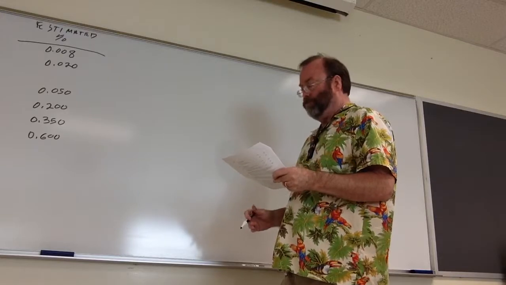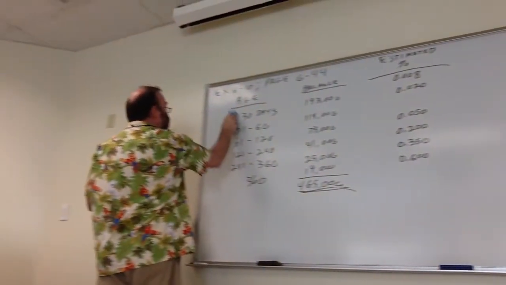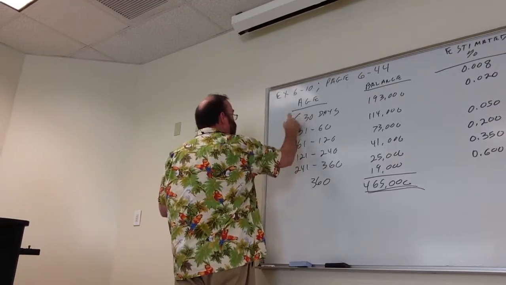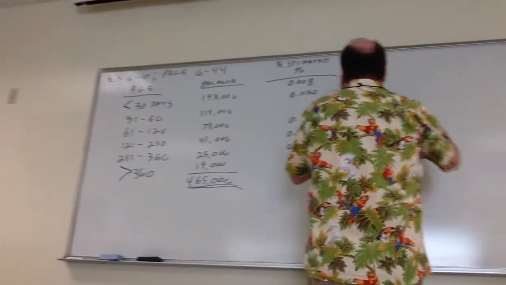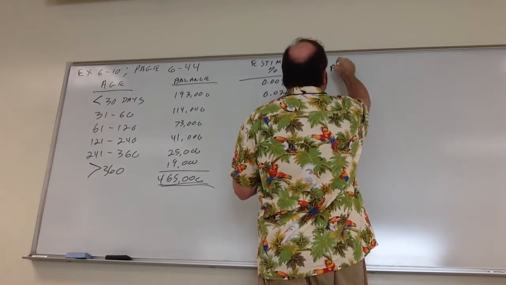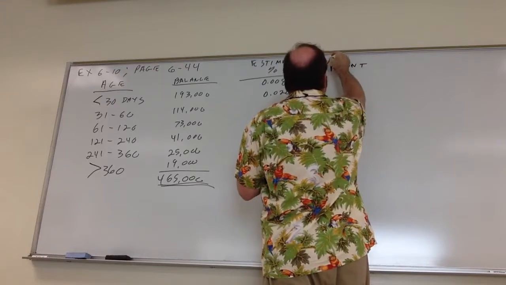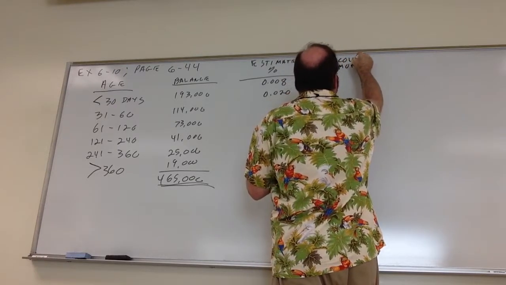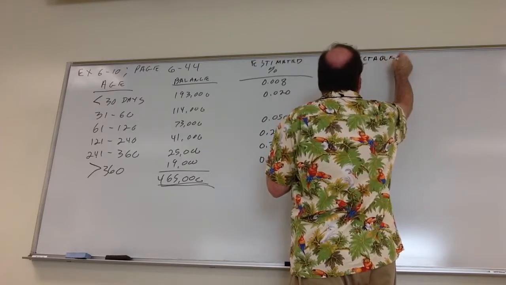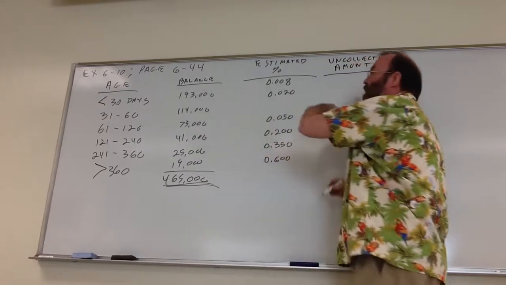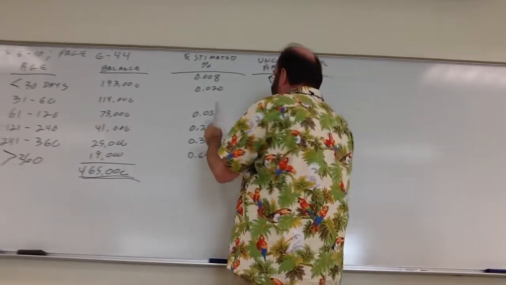Okay? I got those backwards. There we go. All right, multiply that out, you get the amount uncollectible. You're just simply multiplying. Multiply the 193 times 0.008.